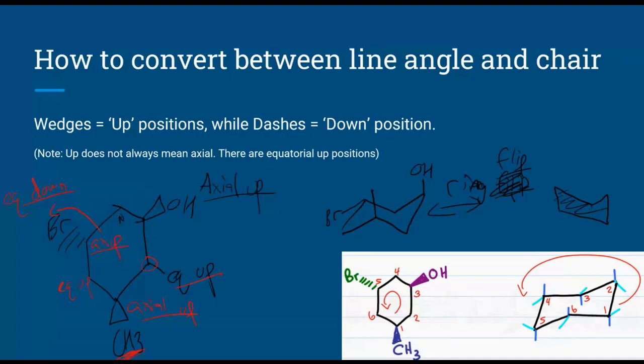So I could start here, and I could say this is axial up. I have to keep consistent the position and the directionality. So if I keep this as axial up, the next one is equatorial up, right? So that means this group is going to be equatorial, which hence matches the ring flip. Does that sort of answer your question?